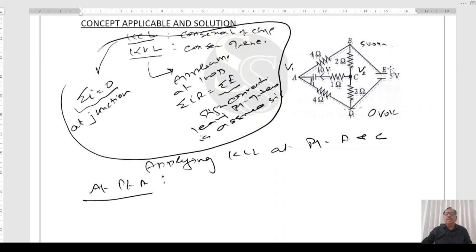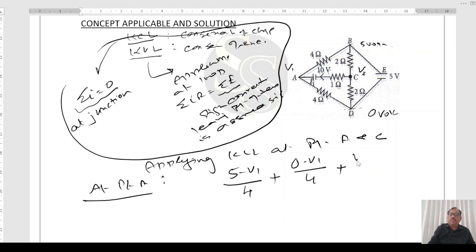At point A: 5 minus V1, the potential difference across the resistance, divided by the resistance 4, plus 0 minus V1 upon 4, plus V2 plus 10 minus V1 upon 1, equal to 0.